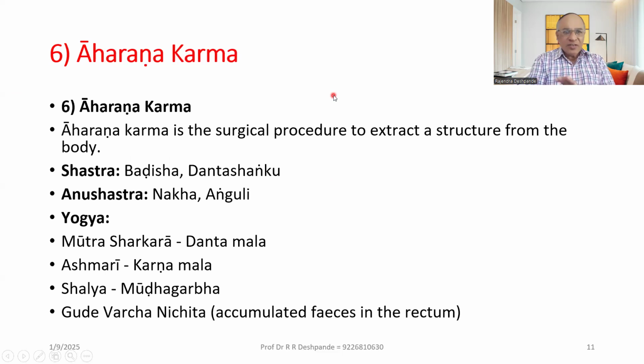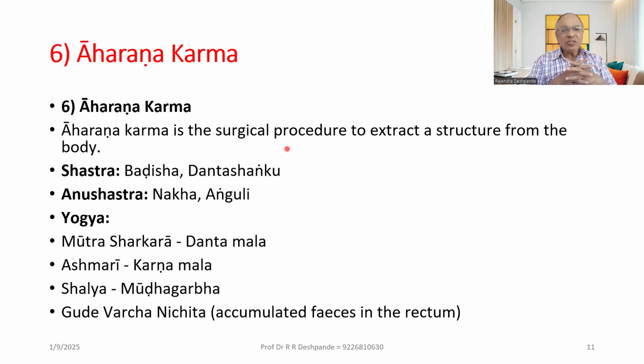Next, the sixth one is Aharana Karma. Aharana Karma is the surgical procedure to extract a structure from the body. So which instruments are we using? One is Badisha Yantra. Then Danta Shanku can be used for Aharana Karma.